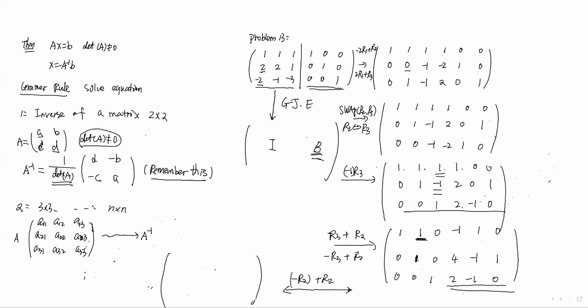This is 1, 0, 1, 2, negative 1, 0, and 0, 1, 0, 4, negative 1, 4, 1. We get 1, 0, 0, minus this is 5 and 2. Okay, I'm right. So this should be the final solution. This is A inverse.